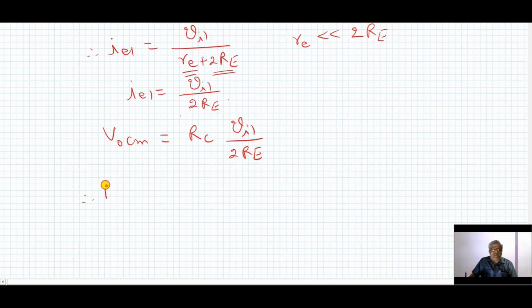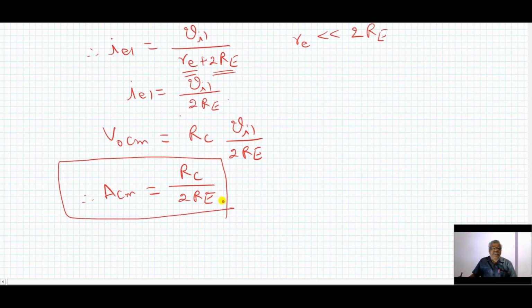Therefore, the common mode gain ACM can be obtained as RC by 2RE. This is the expression for common mode gain. So like this, in a simple way, we can obtain the common mode gain of the differential amplifier.